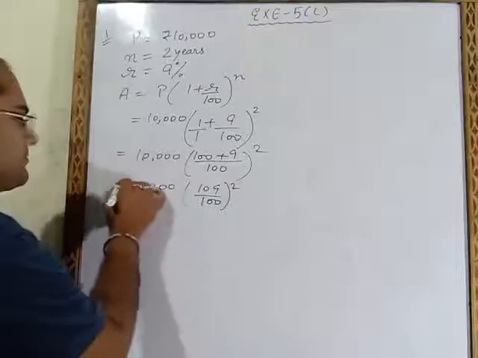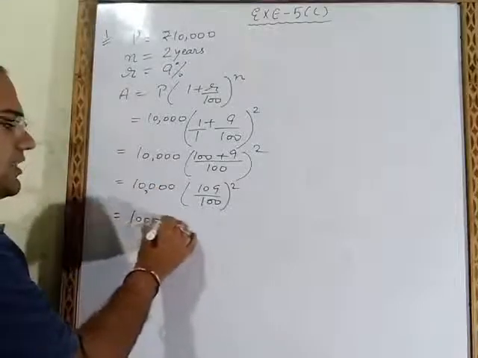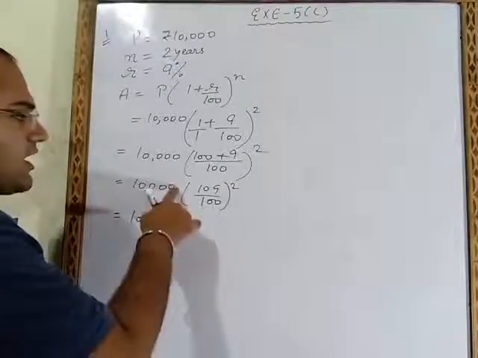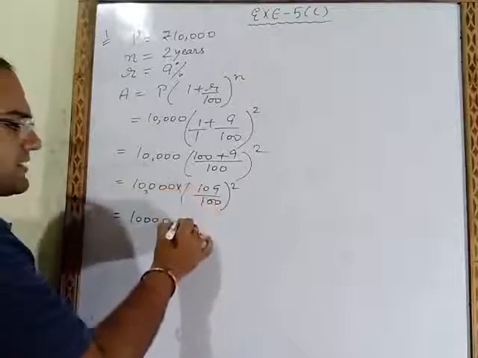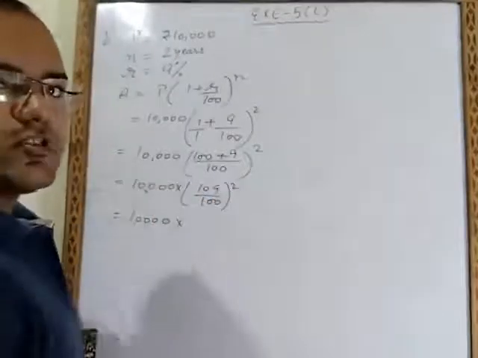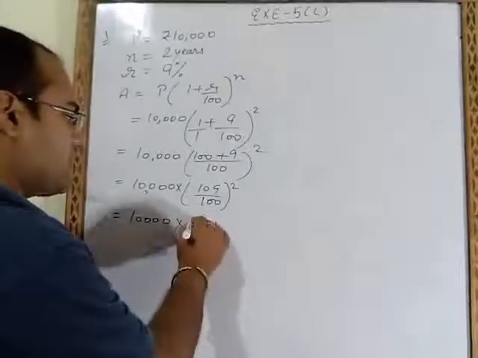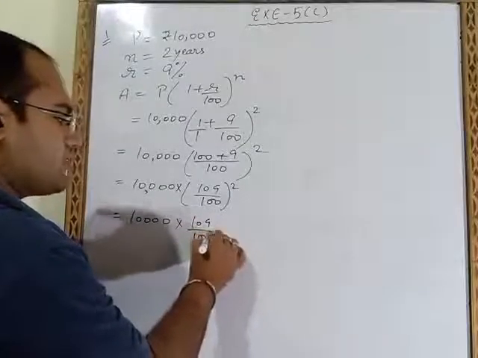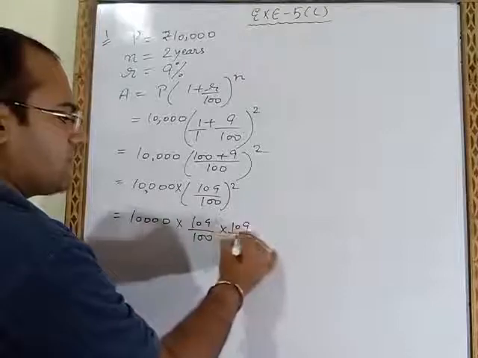Now next step, 10,000 we have to write as it is. Here no sign is there, that means multiply sign is there, so we will put multiply. Power is 2 means you have to write it 2 times. 109 upon 100 multiply 109 upon 100.